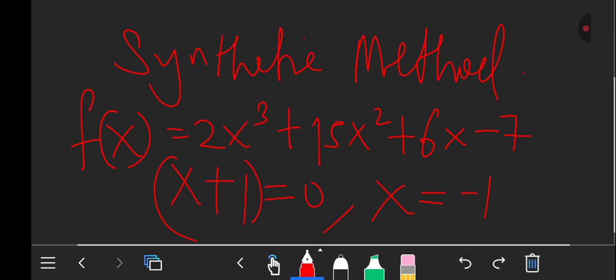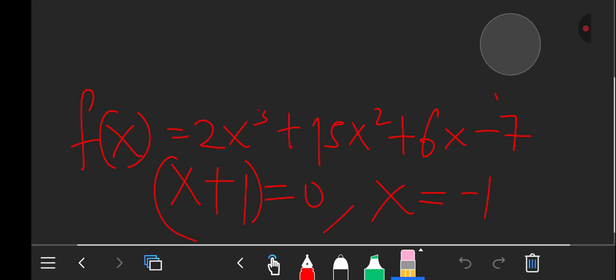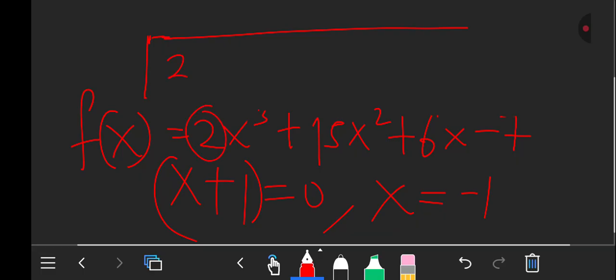So now let's use synthetic method. To use synthetic method, you just need to get the coefficients of the polynomial function. So you draw something like this, then you take only the coefficients. We have 2 as the coefficient there, you have 15 as the coefficient, you have 6, and you have -7 as the coefficient.